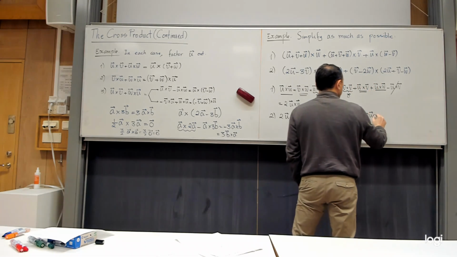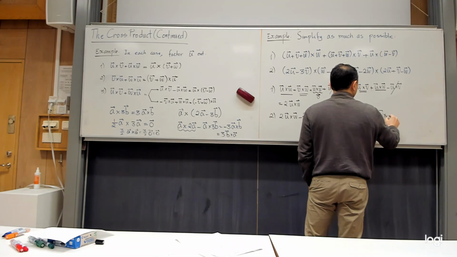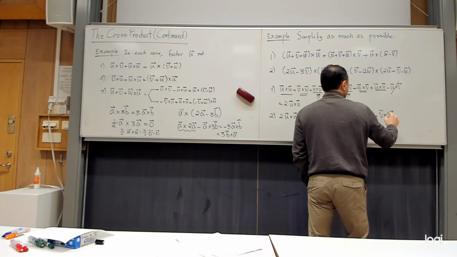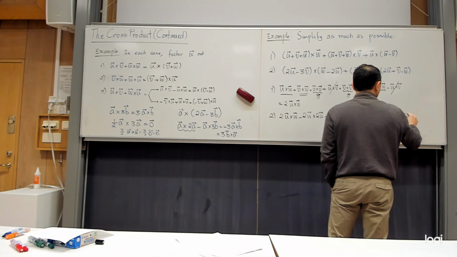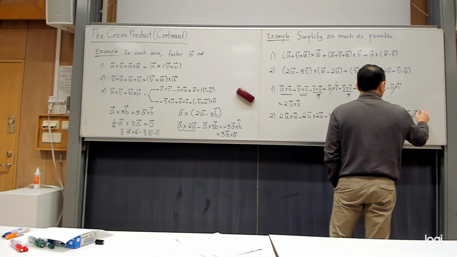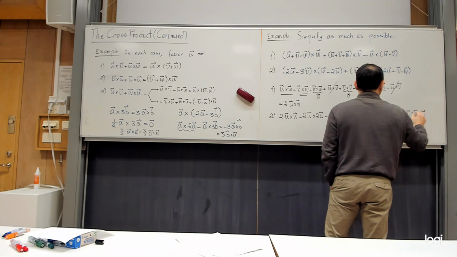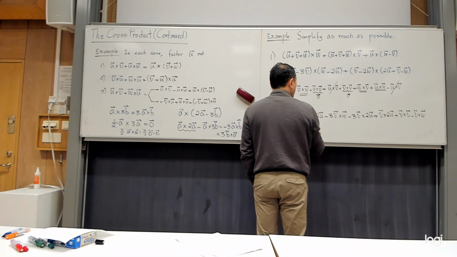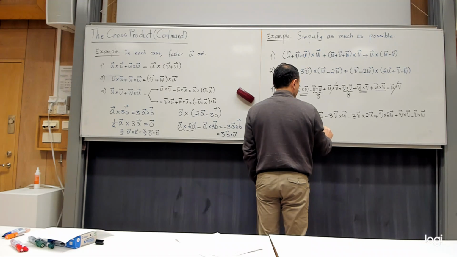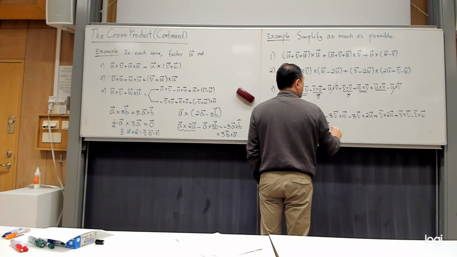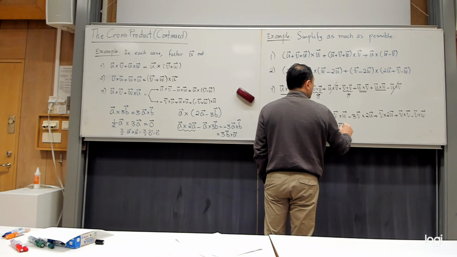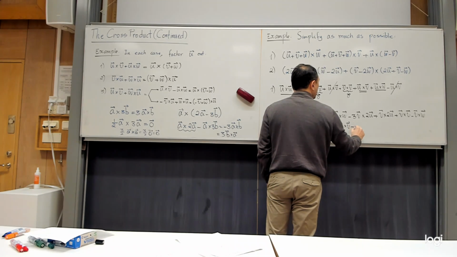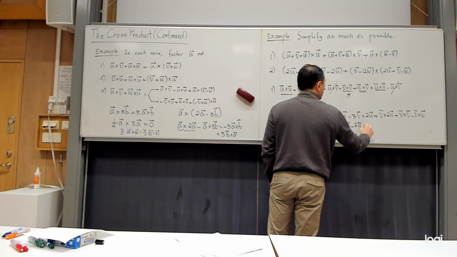And then this one plus V cross 2U, V cross V, minus V cross W, minus 2W cross 2U, minus 2W cross V, minus 2W cross W.